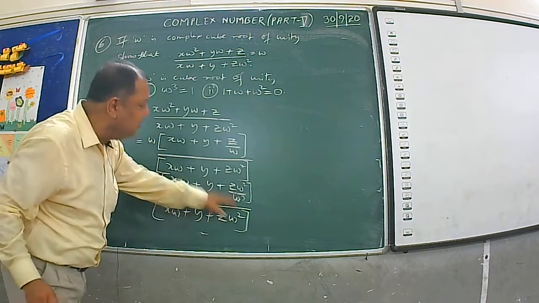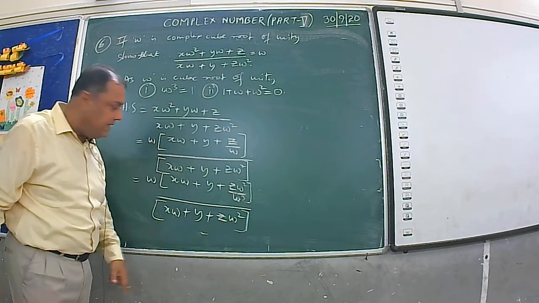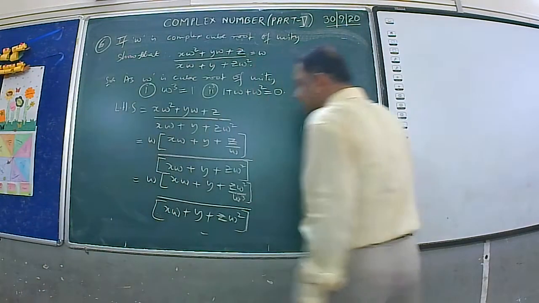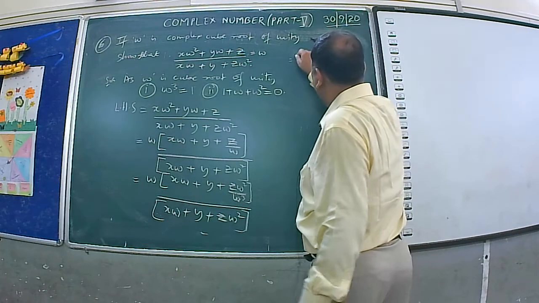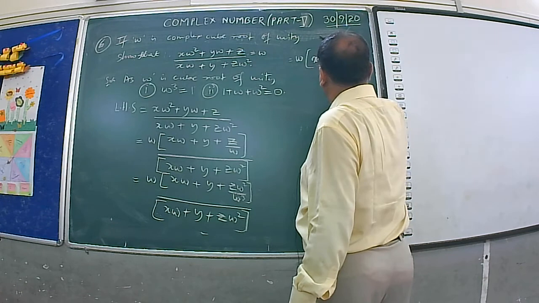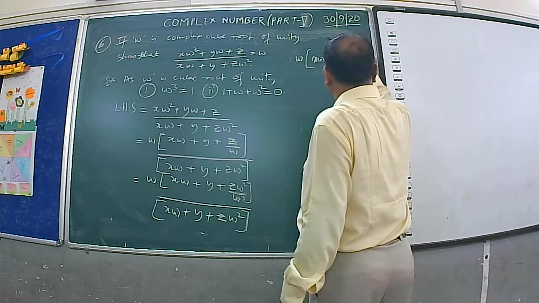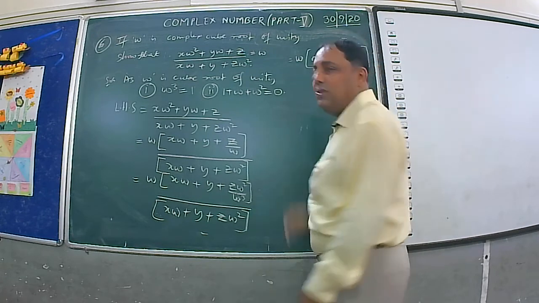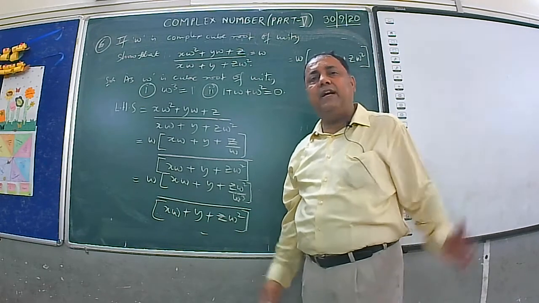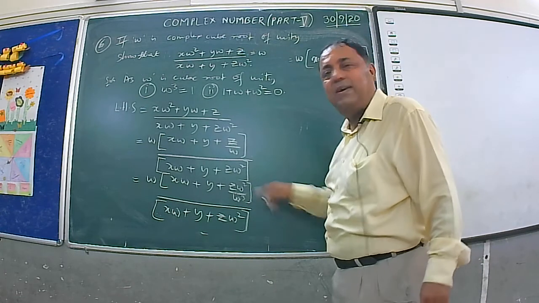This omega cube is equal to 1. I replace omega cube by 1. That is omega times x omega plus y plus z omega square, because omega cube is 1. When omega cube is 1, I can certainly replace this by 1.